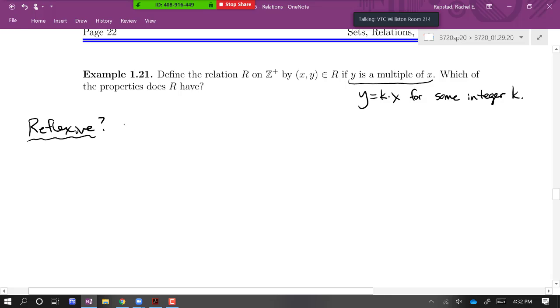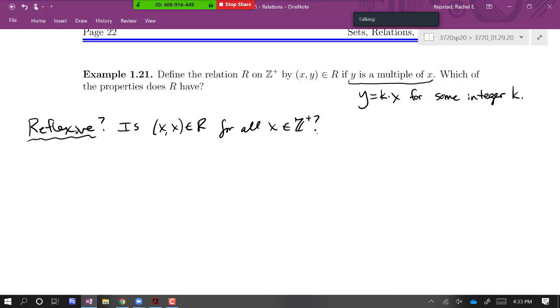So what we want to know is, is x related to x for all x, for every positive integer x? Well, what do you think? If we bring this back to how this relation is defined, really what we want to answer is, is x a multiple of x?